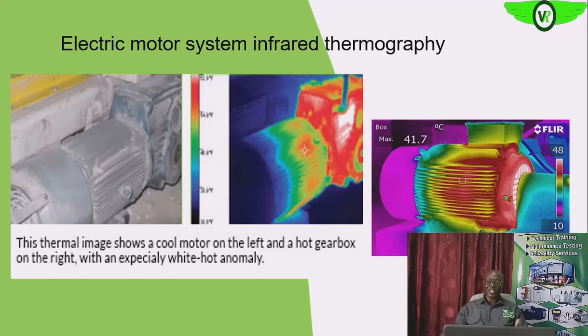So it's expected that it should heat up, but it also has a normal heating level. With infrared thermography, we are able to ascertain the reliability, or see what is happening from the power system and even the mechanical system of the electric motor system.